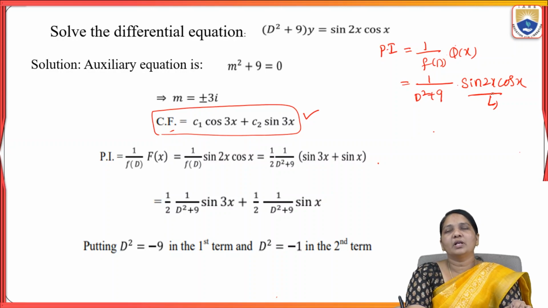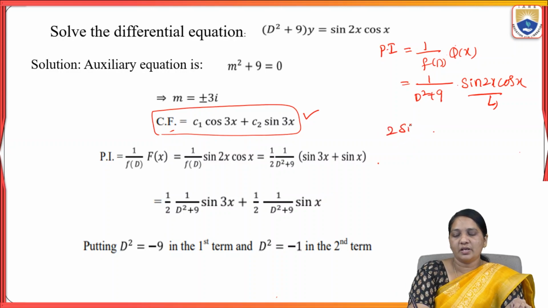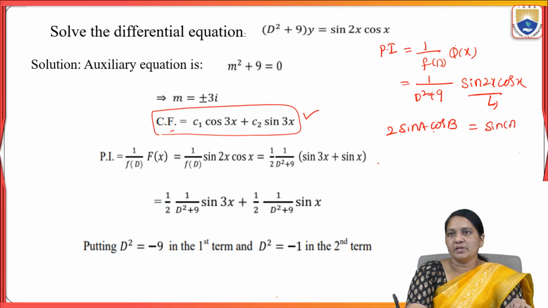So here we can have this form 2 sin a cos b. What is the formula for 2 sin a cos b? 2 sin a cos b equal to sin a plus b plus sin a minus b.